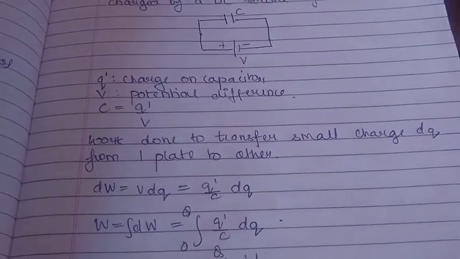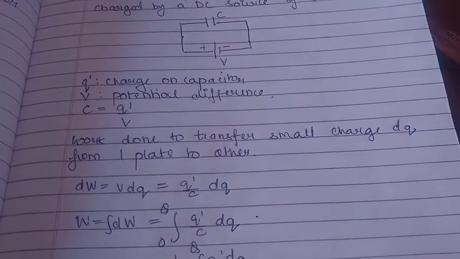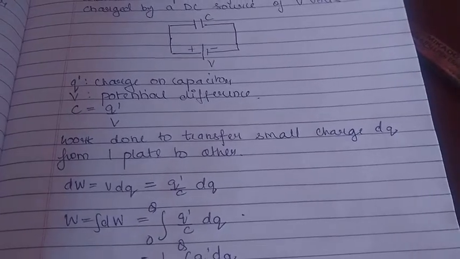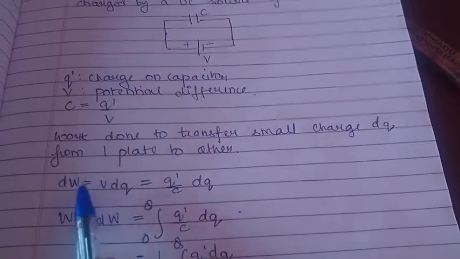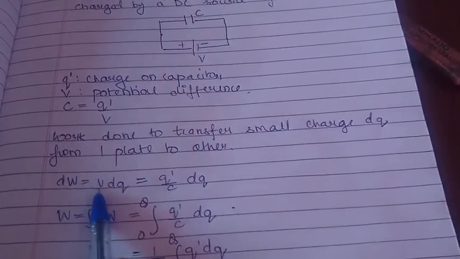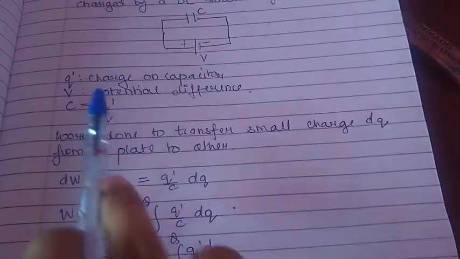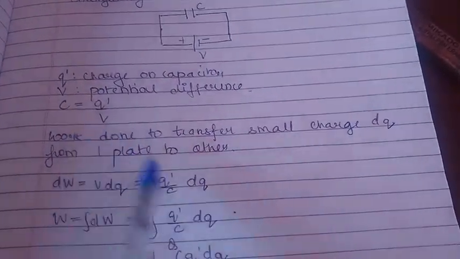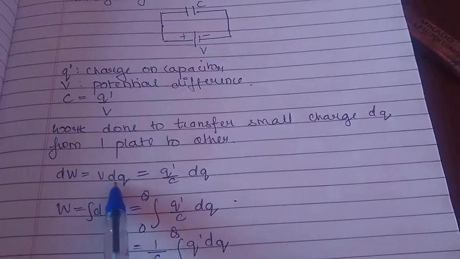Then let's consider a small charge dq which is moved from plate 1 to plate 2. The work done for moving this charge will be, as you know, work done per unit charge is the potential difference. You can write work done is V into dq because we are moving the charge dq. And from this equation you can write V is equal to Q prime by C. So dW was the work done to move a small charge.